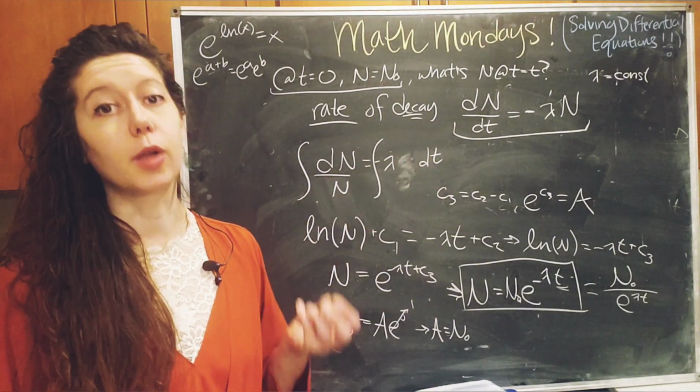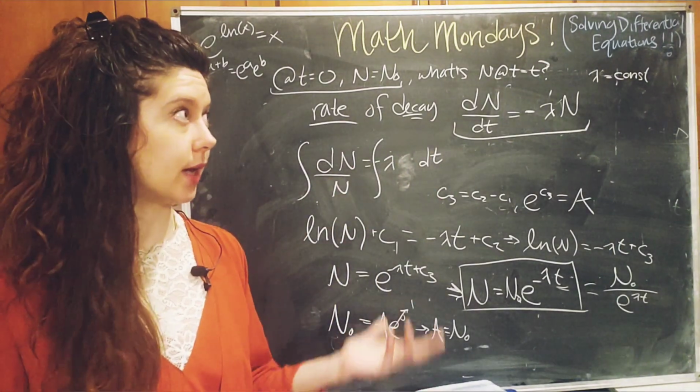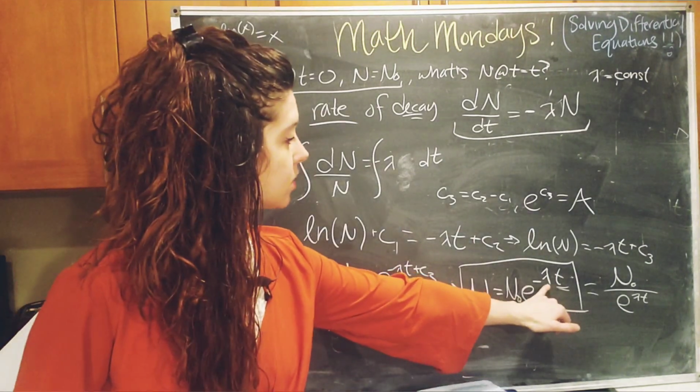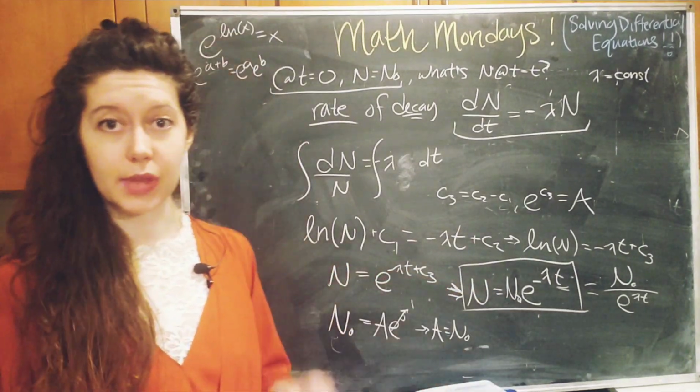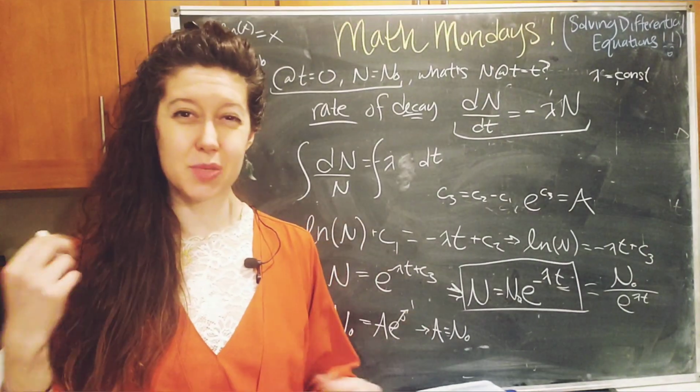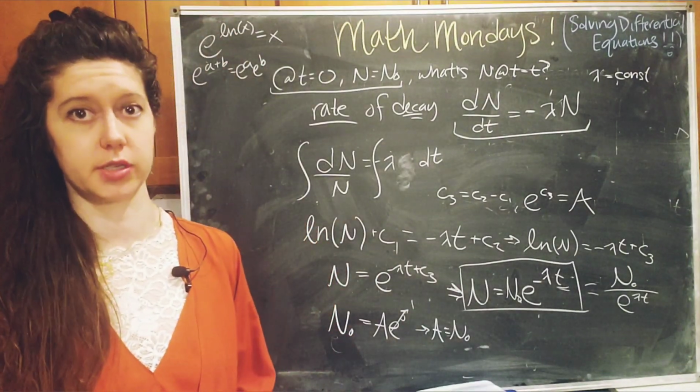What you would do to get a particular solution is you would say, okay, well, I have carbon. Let's use that to plug in the value for lambda and then solve for a particular solution. So this is pretty typical of differential equations.